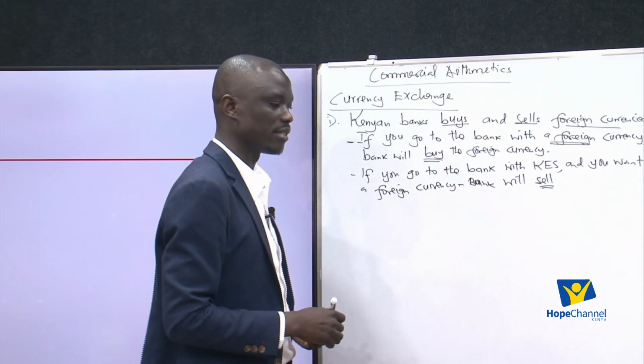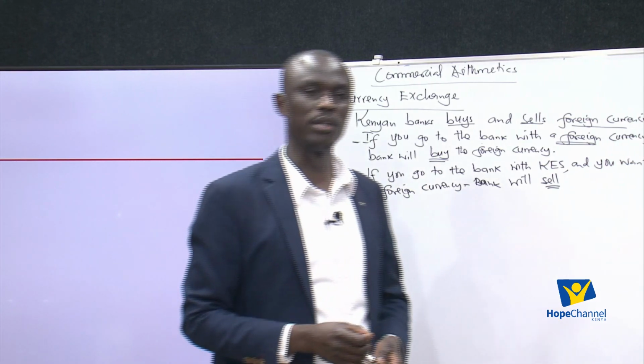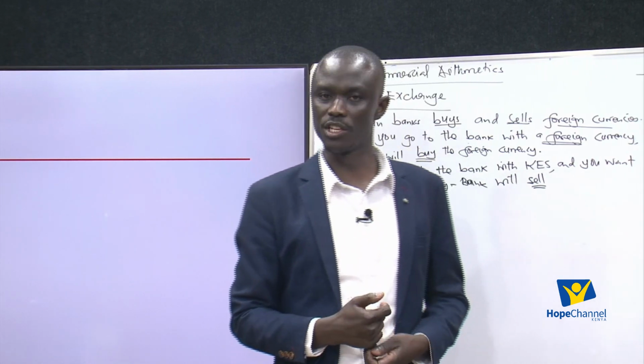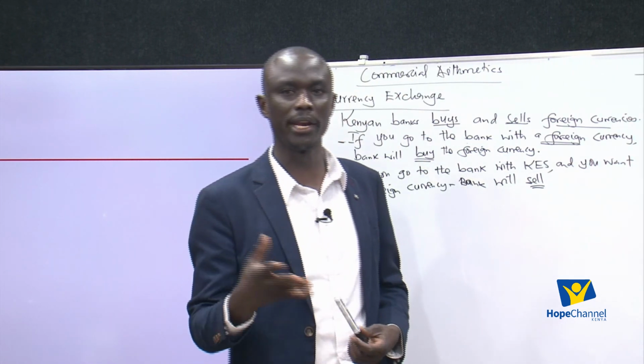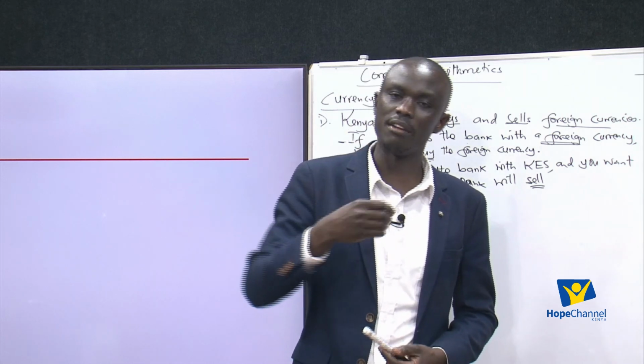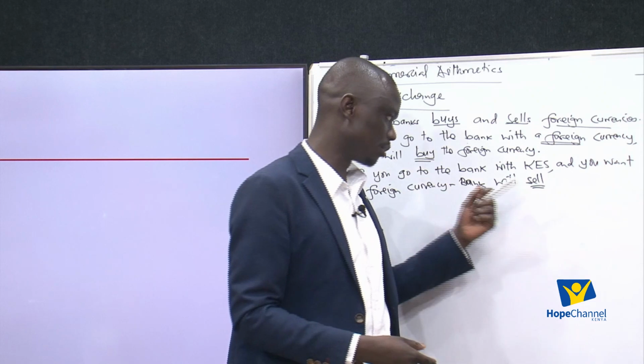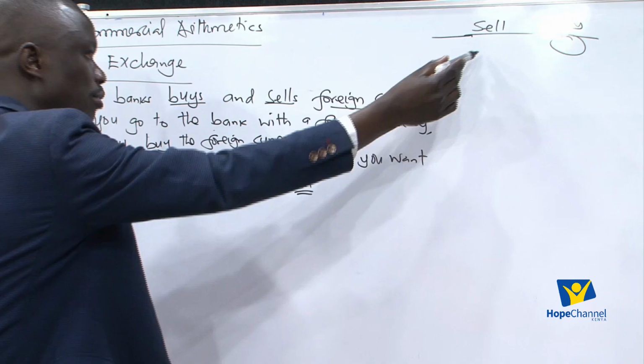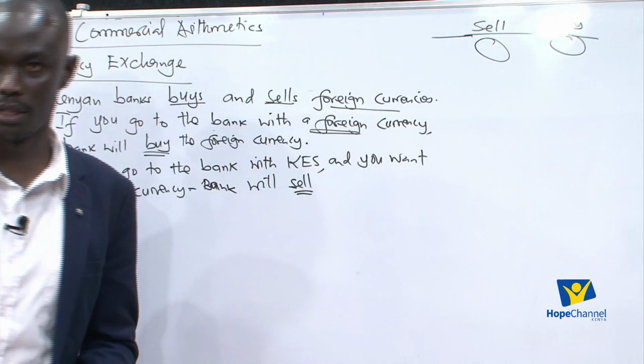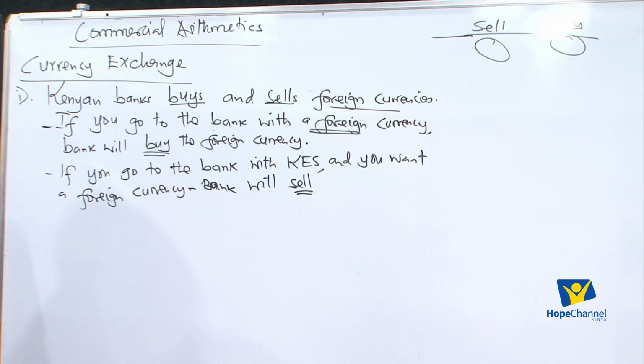Now, in this case, you want to convert maybe your Kenya shillings to Japanese yen. So you want to ask yourself, how many yen will I have? So you go to the bank. In that scenario, you are going to use the column of what? The column of selling. Are we together?